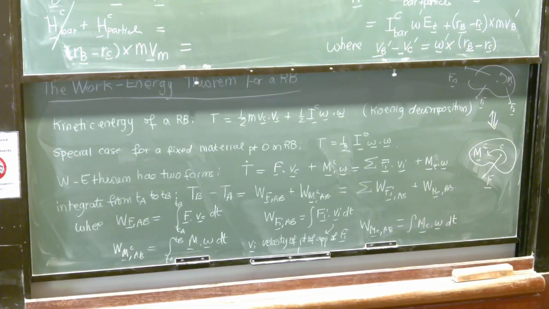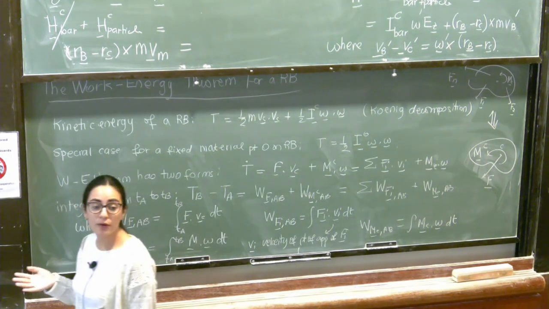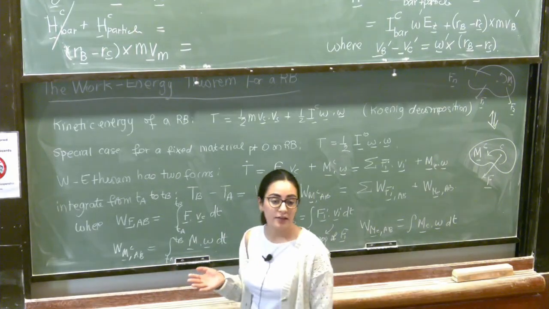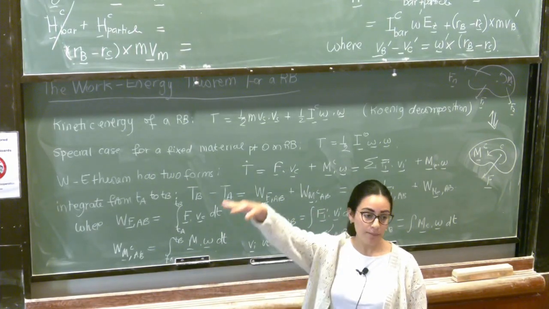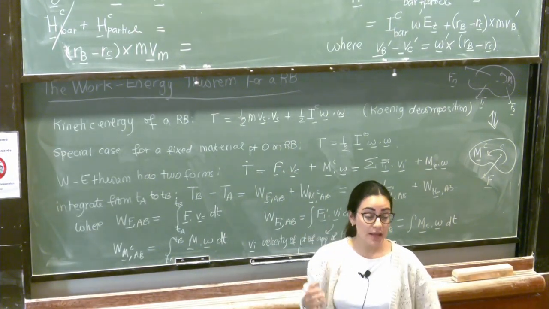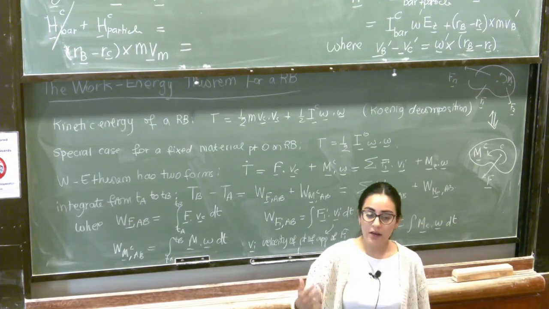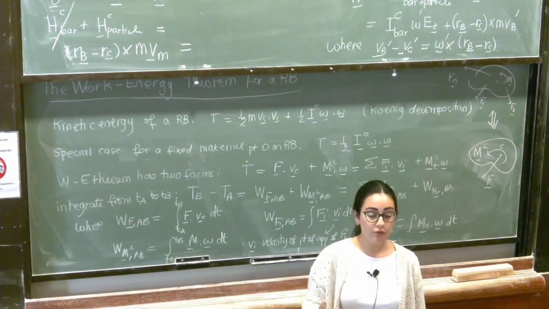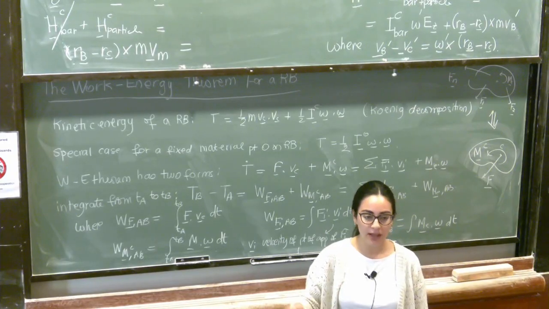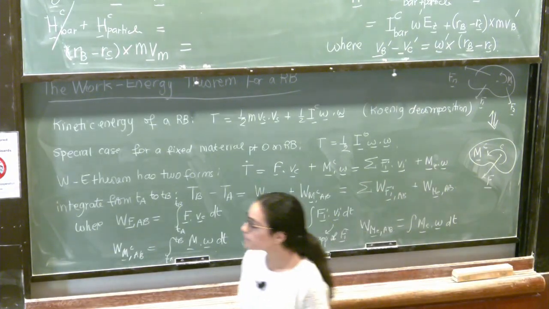Weight at the center of mass and reaction force at O. What is the work of R_O? 0. Why? It's being applied at a point O with 0 velocity. To find the power or work of a force, I have to dot it with the velocity of the point of application of the force. Okay, great.